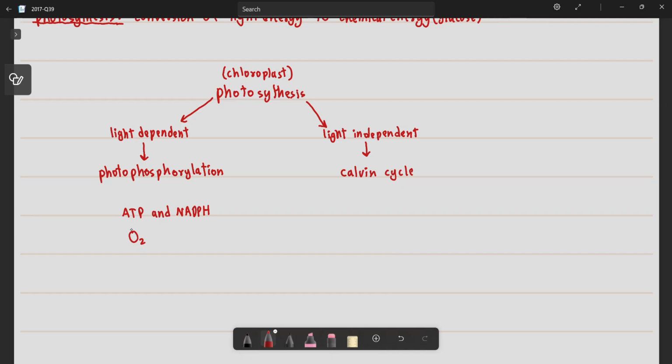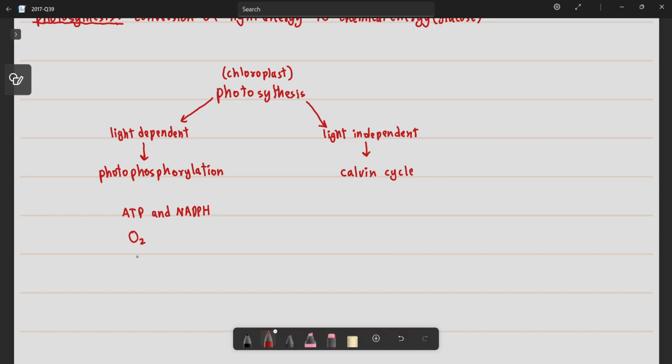Okay, it's released as a waste product from the plant. But the main products, the most useful ones, are ATP and NADPH. So ATP is the main energy currency for the organism, and NADPH is also a high energy molecule, but most importantly, it is a reduced coenzyme.